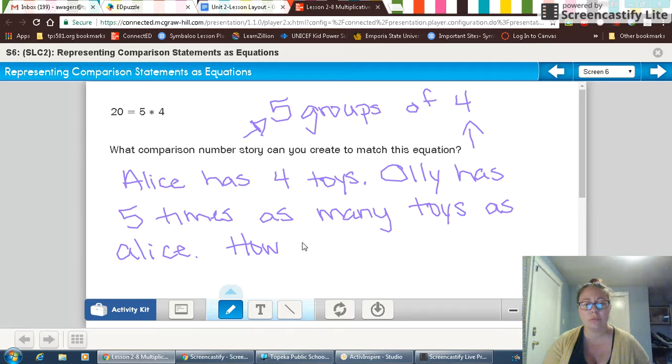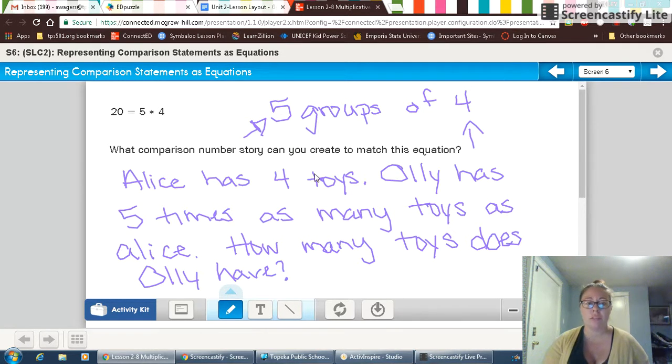How many toys does Ollie have? Okay, so Alice has the group of 4. Ollie has 5 times as many, so 5 groups of 4. 5 times 4 equals 20.